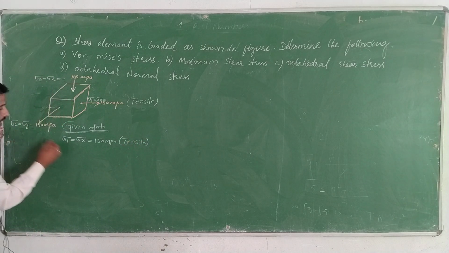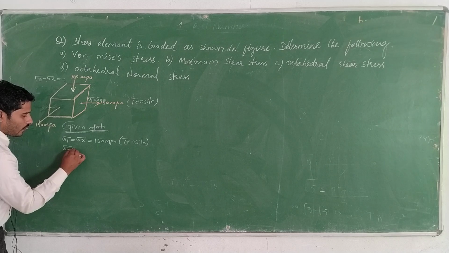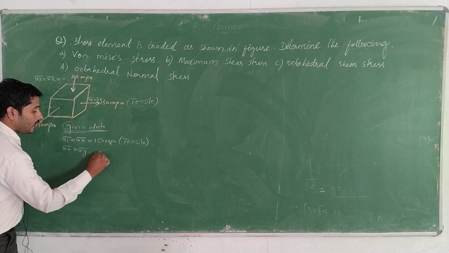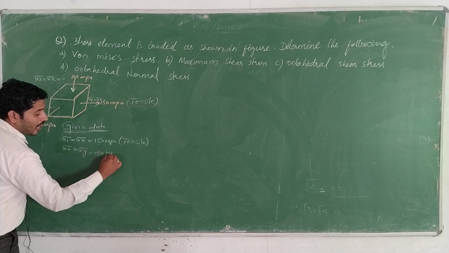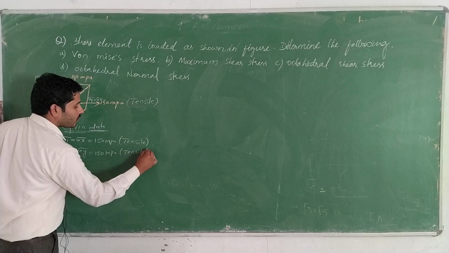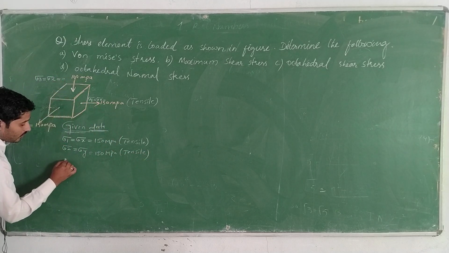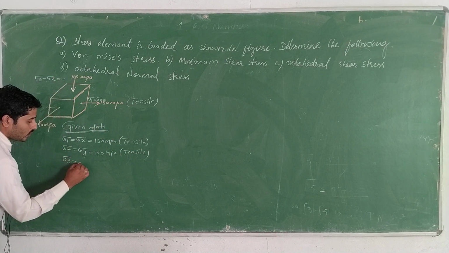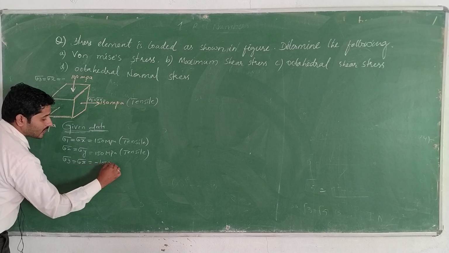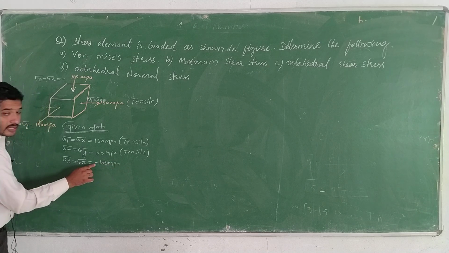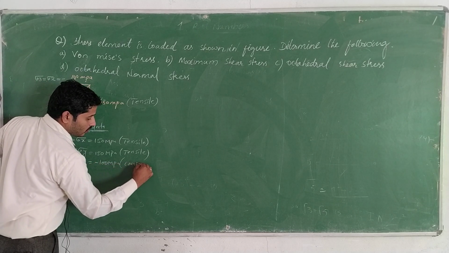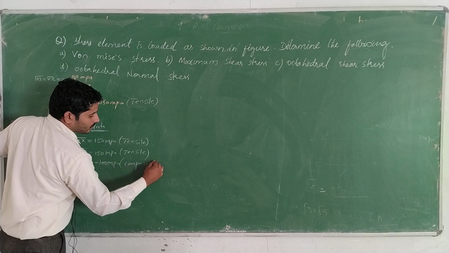Sigma 2 equals sigma y equals 150 megapascal, again tensile in nature. Sigma 3 equals sigma z equals minus 100 megapascal. Why minus, dear? It is compressive in nature.